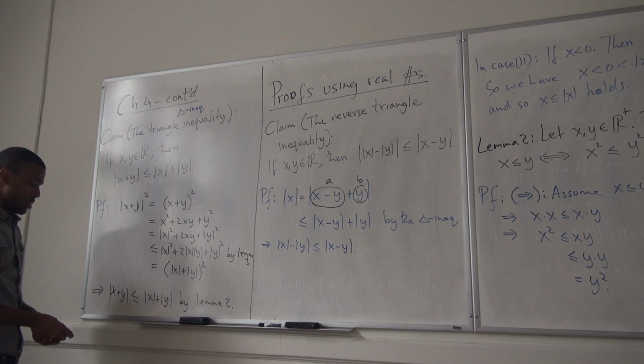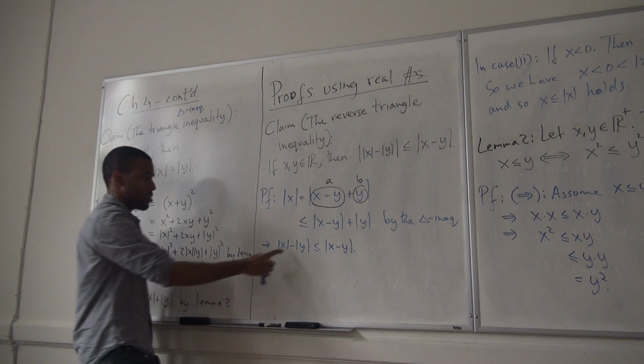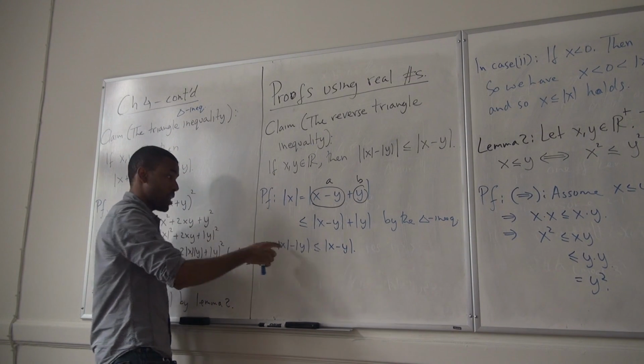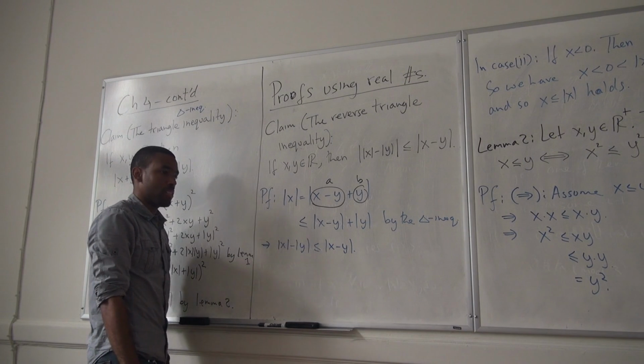I feel like there'd be cases where that would be wrong. Because remember, you're subtracting here, so this side could be negative. Could it be a larger negative than that is a positive?